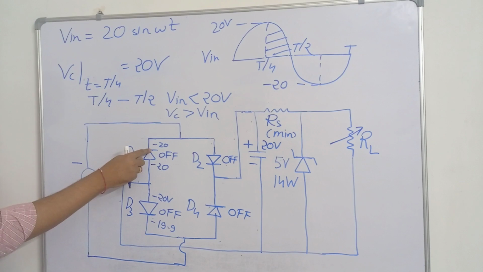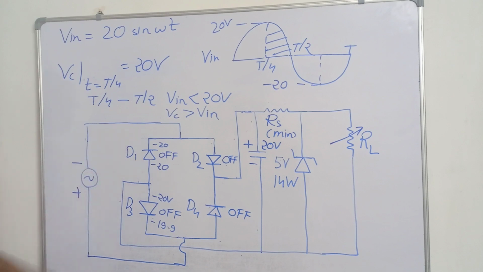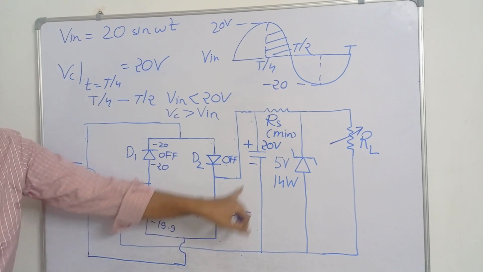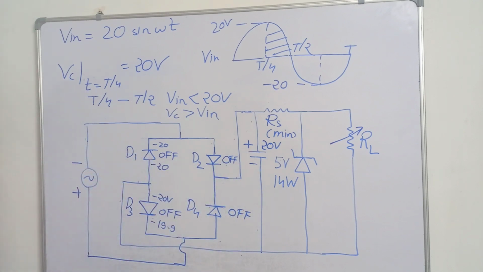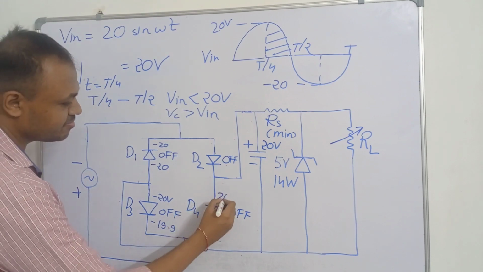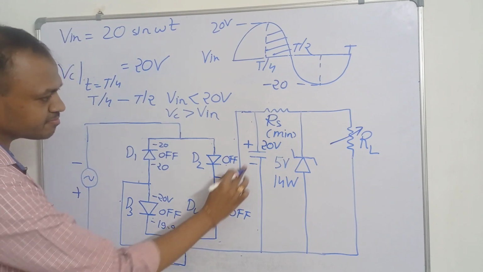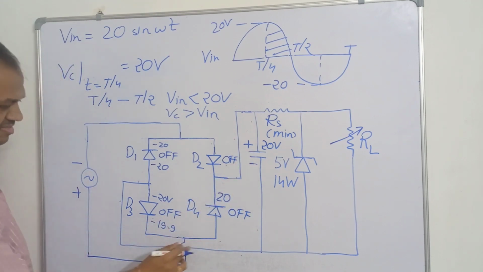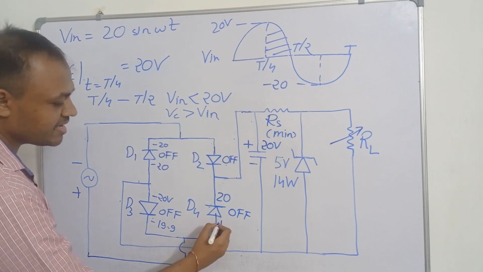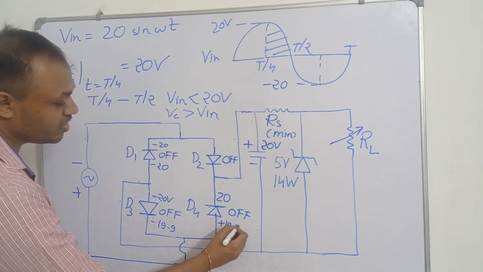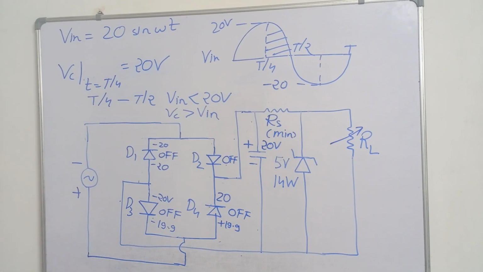So in the negative cycle again the voltage of the N terminal will be more than the P terminal, so D1 will be off. D4 will also be off; this voltage is plus 20 because it is connected to plus, and this voltage will be plus, say, 19.9. So again the voltage of the N terminal is more than the voltage of the P terminal, so D4 will also be off.